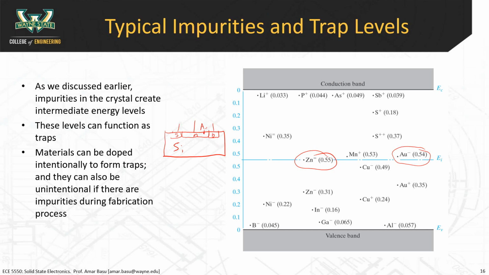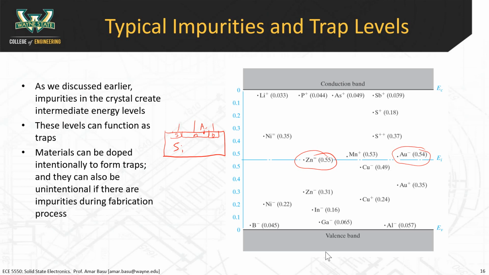Those types of impurities could wreak havoc on your system because they could create a trap state within your bandgap, and that will cause indirect recombination events to happen more frequently than if you did not have a trap state in there. Sometimes you intentionally want to have a trap state so that you can encourage a certain type of recombination over the other.